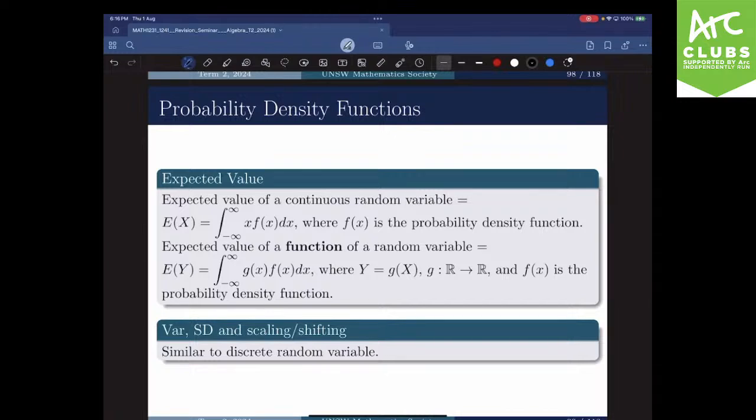And then how do we find the expected value? We multiply my probability density function by x, because x is my value point, right? Whenever I do x times f of x, that's like the weighted sum that we had before, but instead of a discrete random variable, it's now continuous, which is why we have to perform integration on this.